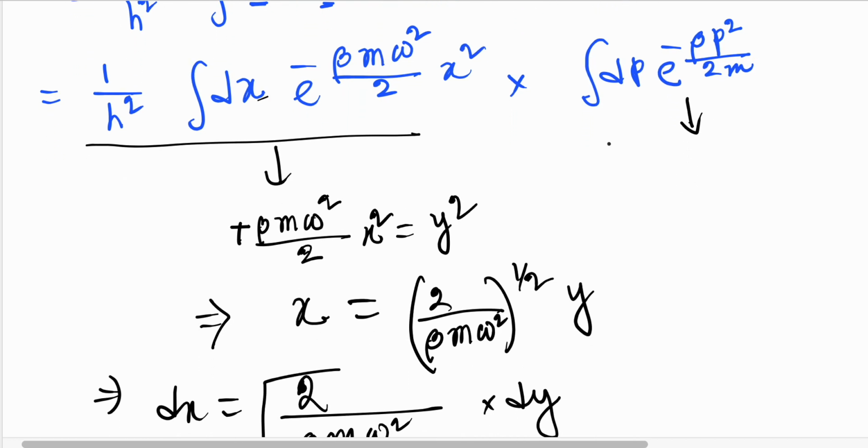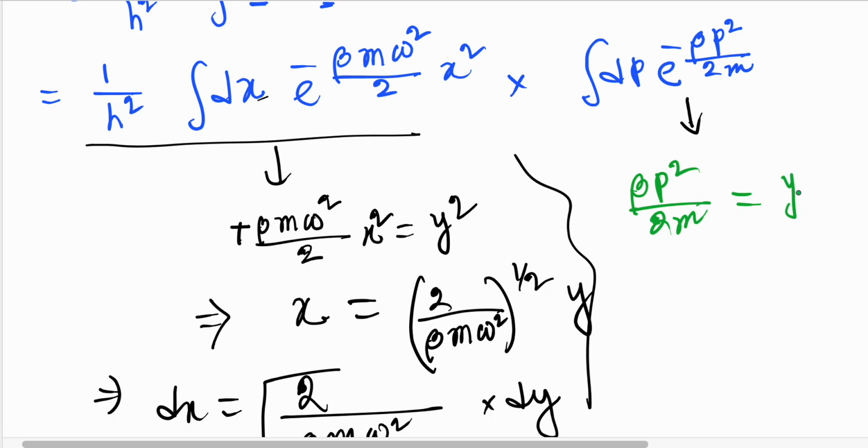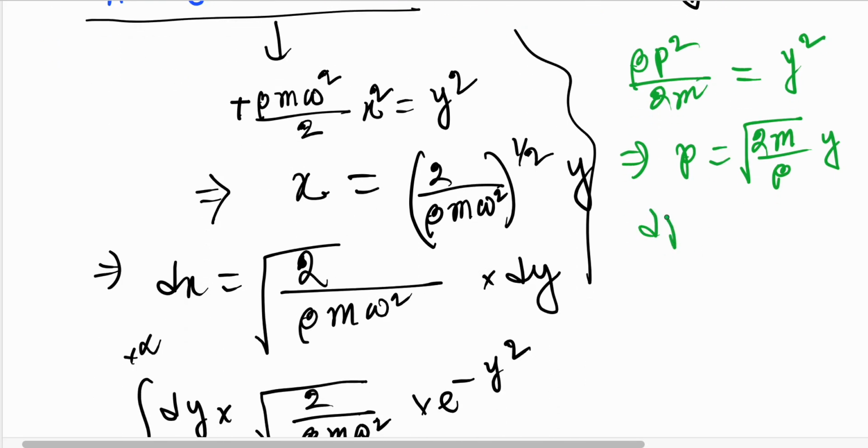Now let's do the other integration. We replace the variable by another quantity: beta p square by 2m, let's replace it by y square. So p will be root over of 2m by beta into y, that means dp equals root of 2m by beta dy.